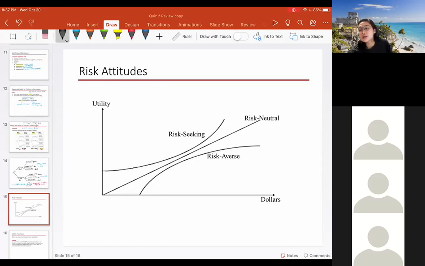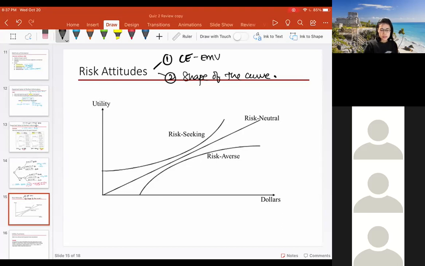They're all defined by 2 things. First, the value of their certainty equivalent minus their EMV. Second, the shape of the curve. I'll go over number 2 first.